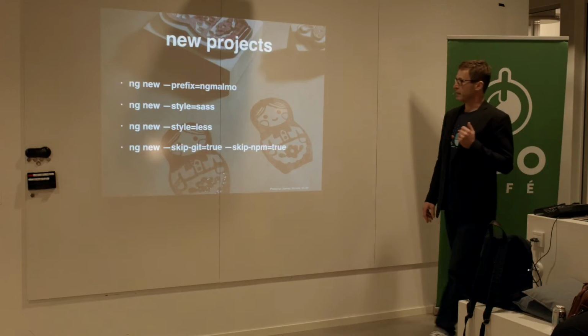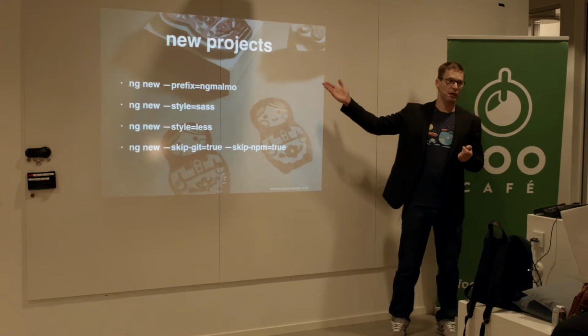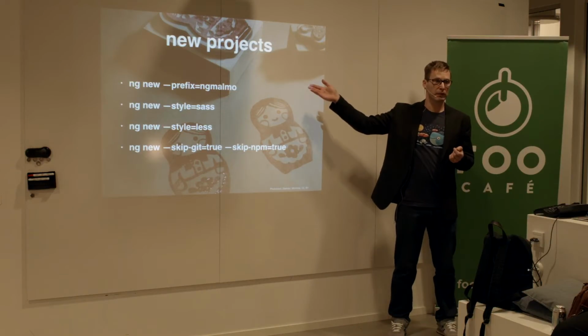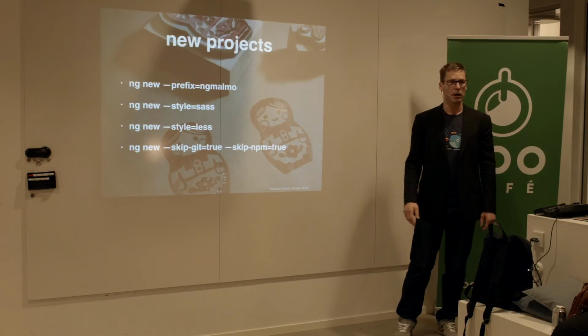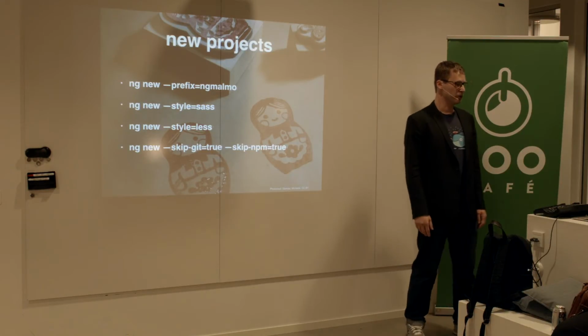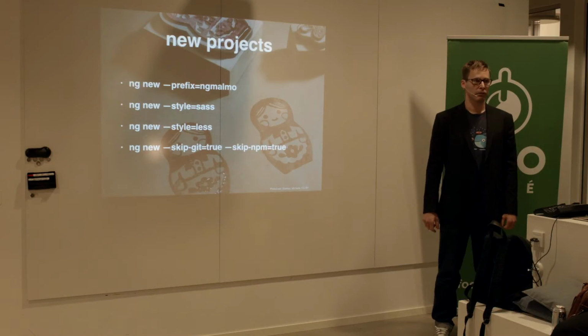So here you have the examples of how you create your project with another prefix that we mentioned before. App is default. You can set whatever you want. Most keep it short, but it's better to have a prefix that's unique, at least for your project in some way.